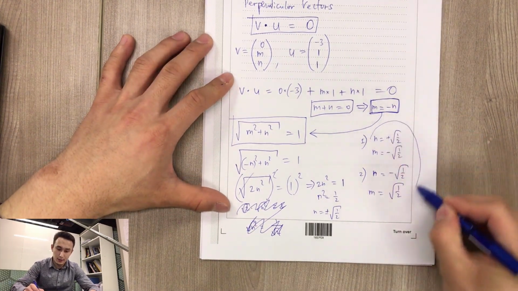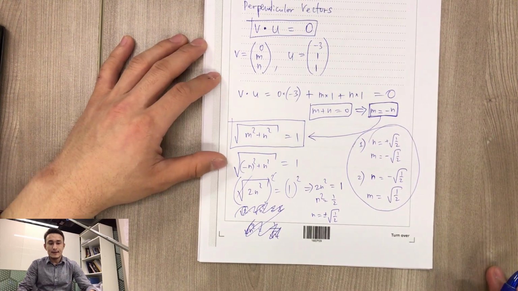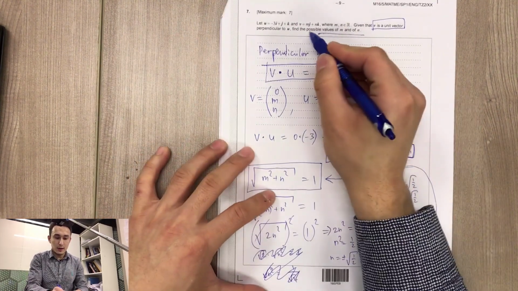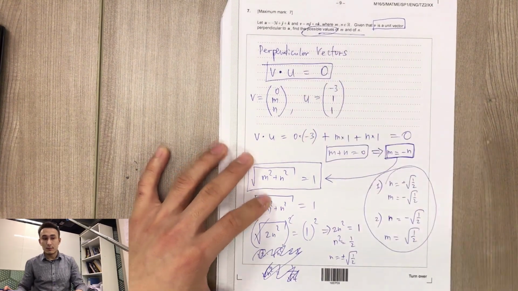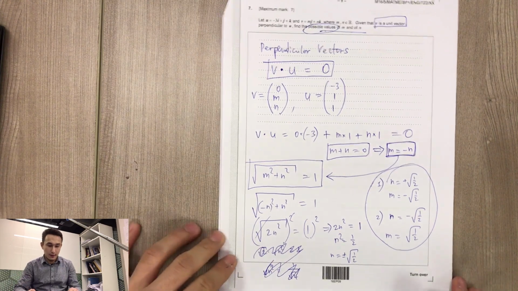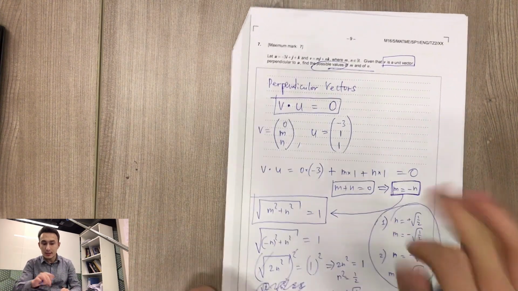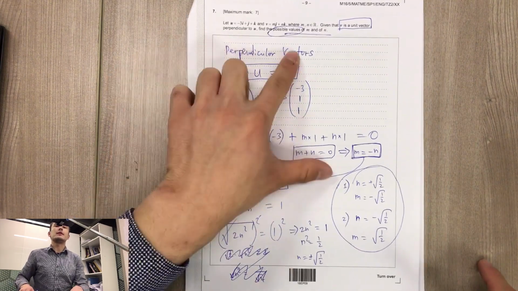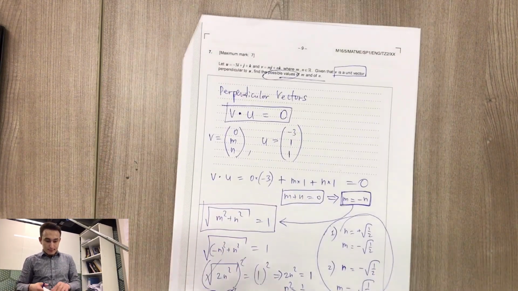Okay, these are the solutions. These are the possible values of m and n. Keep in mind, when you're asked to find possible values, very often you will have 2 cases or 3 cases. Otherwise, the question would ask, find the possible value. But since here we're asked possible values, then there are most likely 2 possibilities.